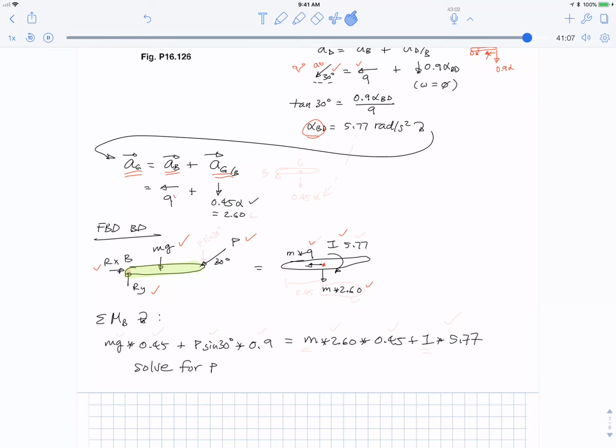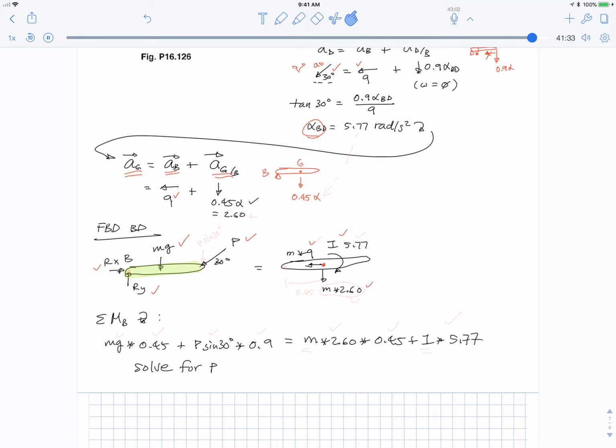So we went through this. The acceleration of B is 9 meters per second squared to the left. And now G relative to B, so G's in the middle and there's B, is just G spinning around B. And again, there's no omega, so there's just this R alpha term. The distance from the pin to the middle is 0.45. The distance to the end was 0.9, times the alpha.